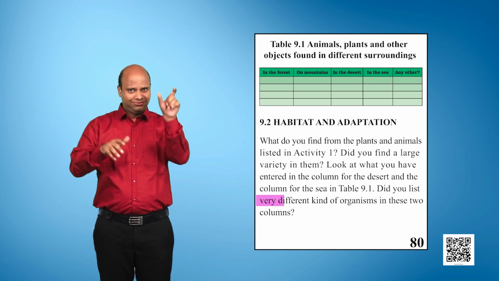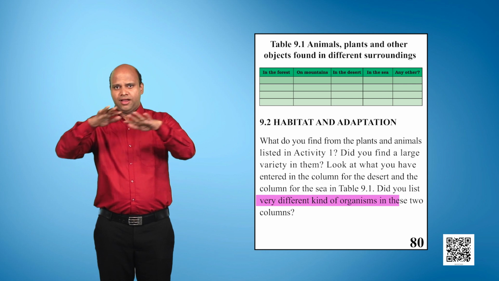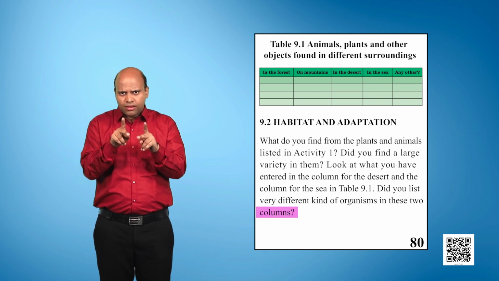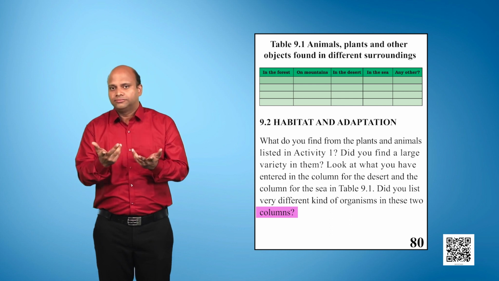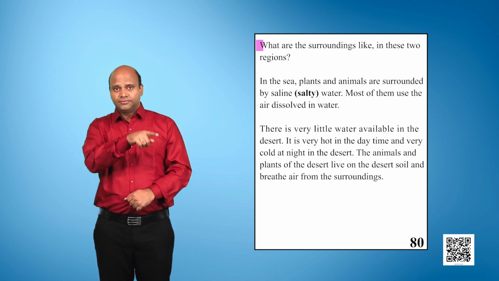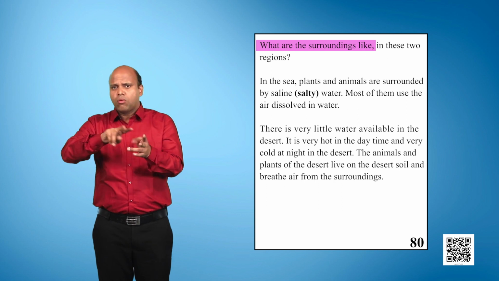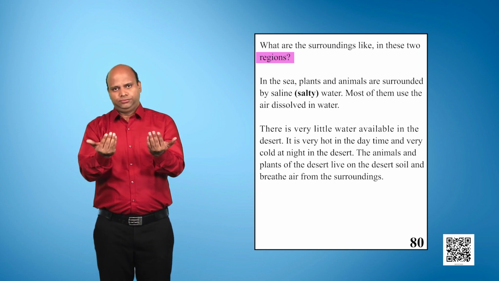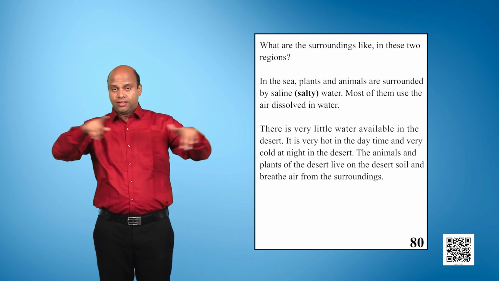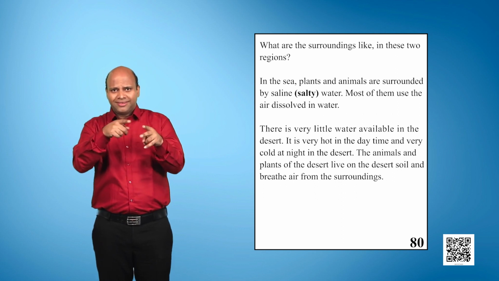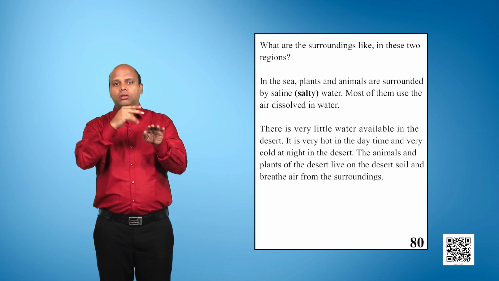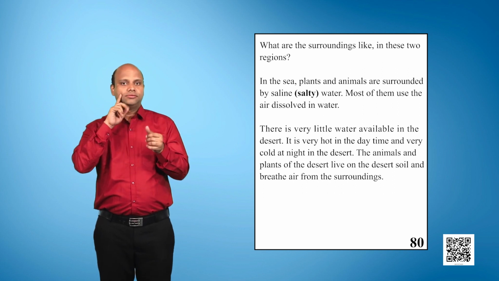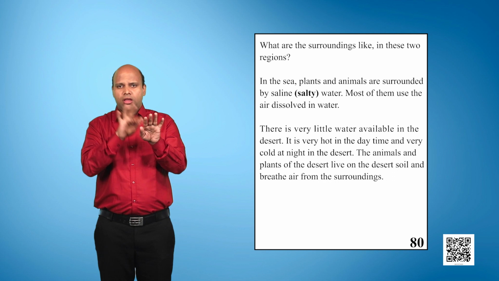Did you list very different kinds of organisms in these 2 columns? What are the surroundings like in these 2 regions? In the sea, plants and animals are surrounded by saline, salty water. Most of them use the air dissolved in water.